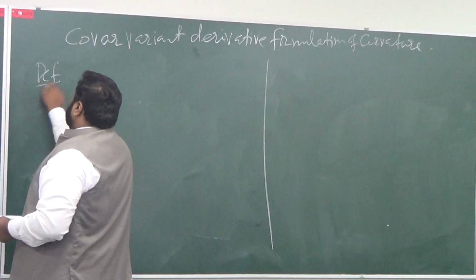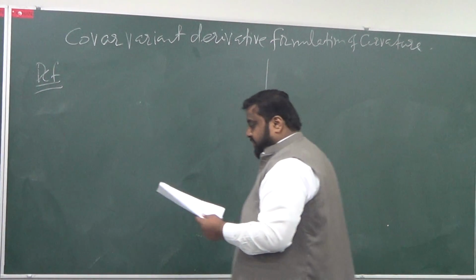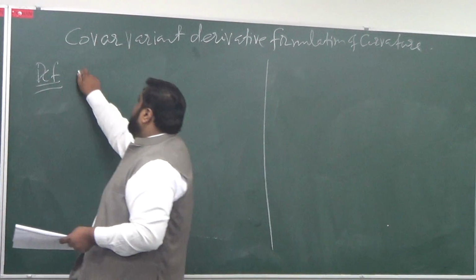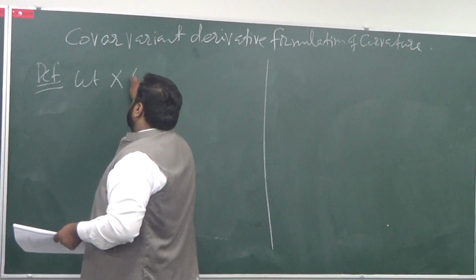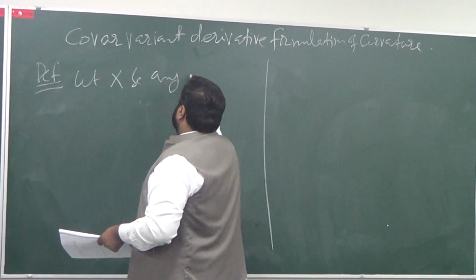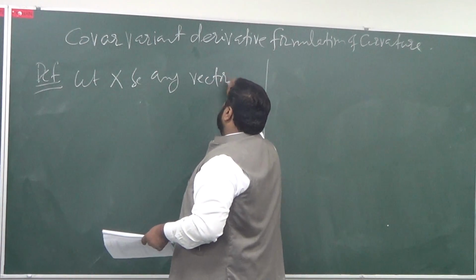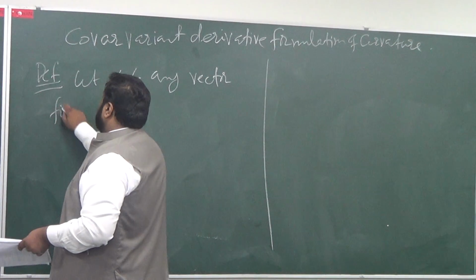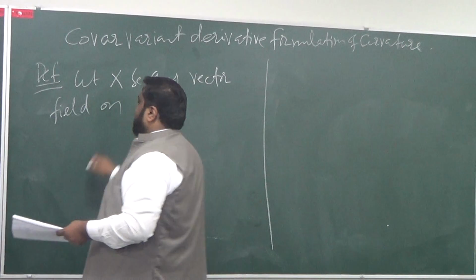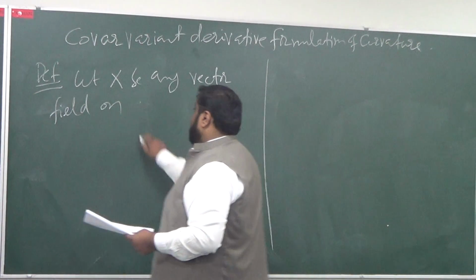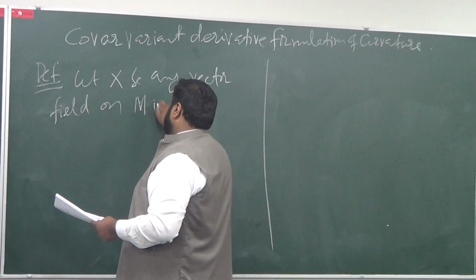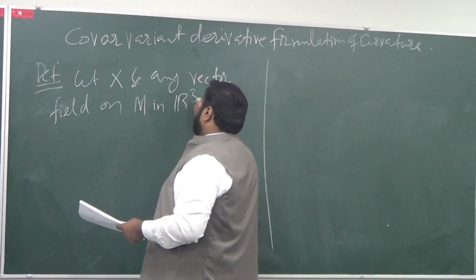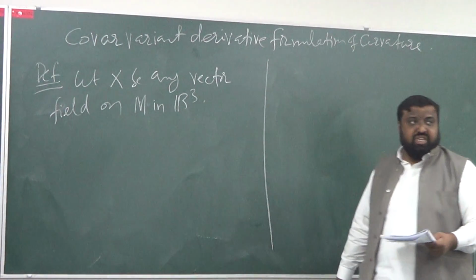Let's begin with the definition. Let X be any vector field on M in R3. So let's take a manifold, or surface, in R3.